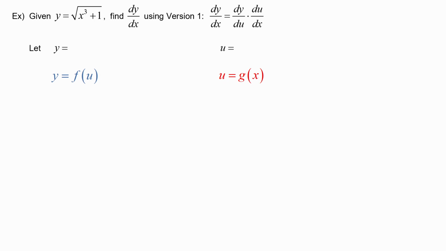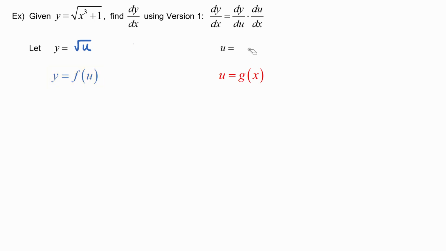So y is the outer function, and here we see that the outer function is that we're taking the square root of something. So let's let y be the square root of u. Remember that y is a function of the u variable.